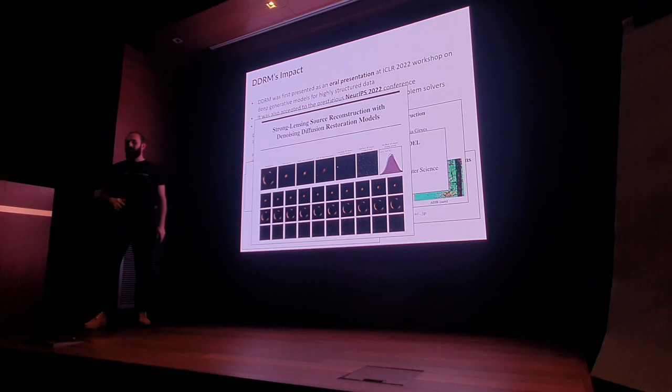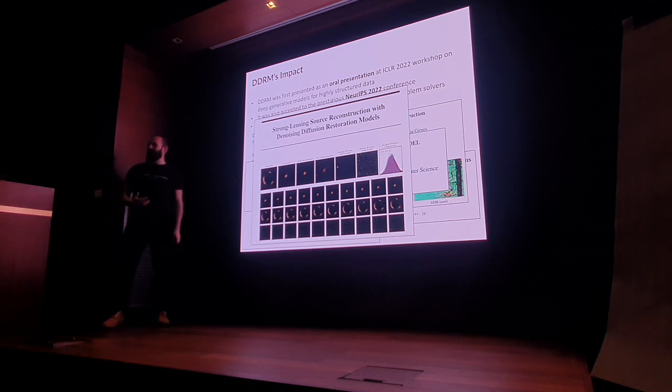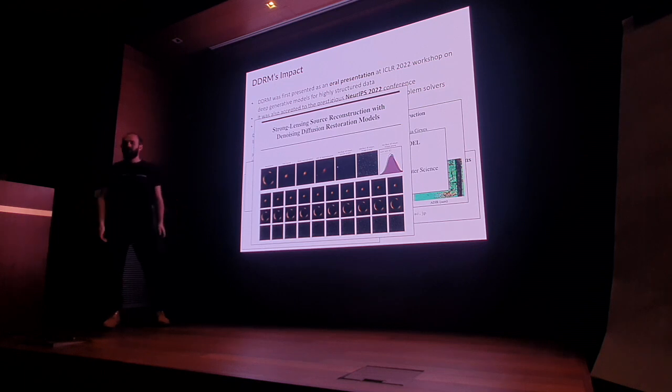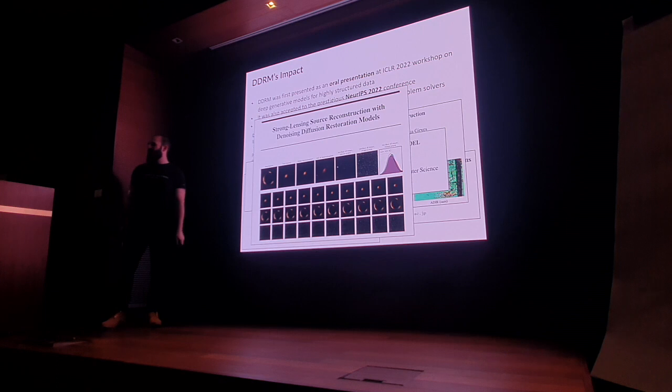Another very interesting paper that even has denoising diffusion restoration models in the title adapted our algorithm for problems in astronomical physics, which I have no idea about, but it's really interesting to see how DDRM was applied to actual real-world problems from different domains. So this problem in the astronomical images.